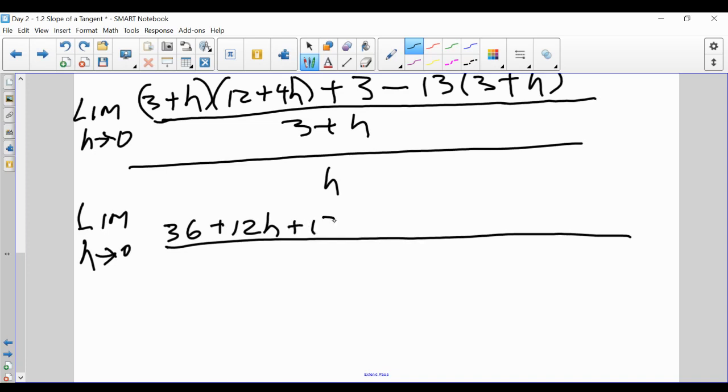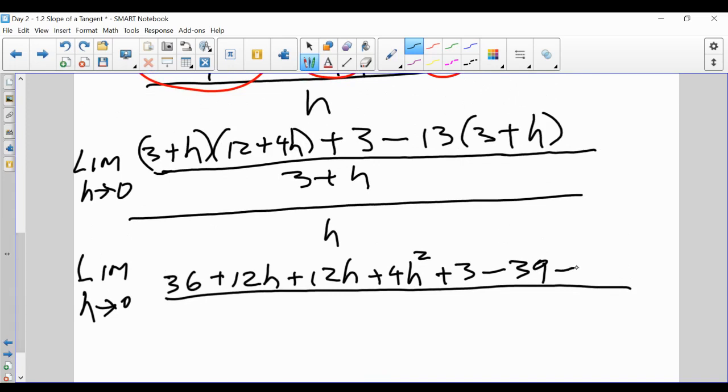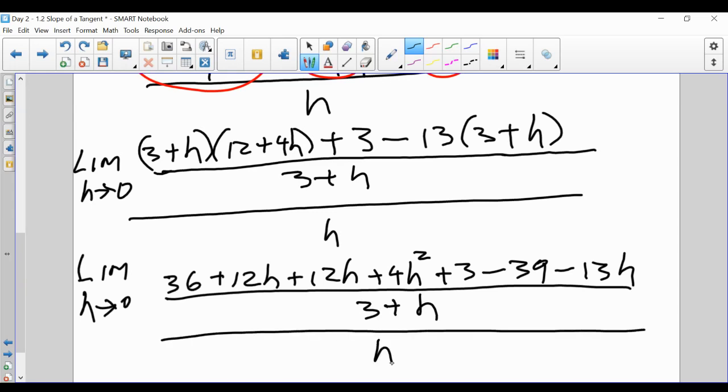Yeah, plus 12h again, plus 4h squared, and then plus 3 minus 39 minus 13h. Okay, Anika says that made sense. That's good. All of that is over 3 plus h, and all of that is over h.